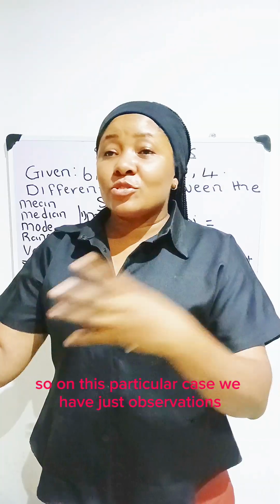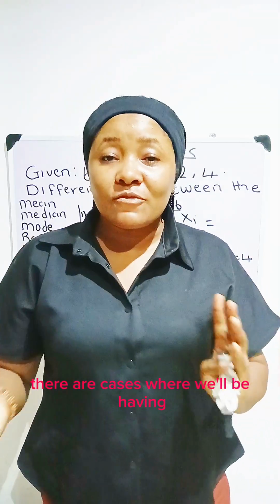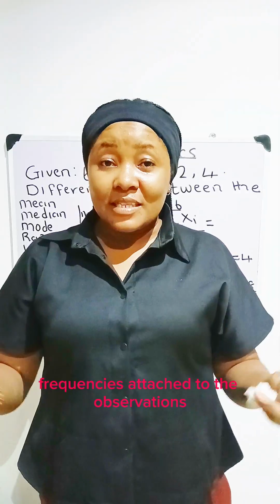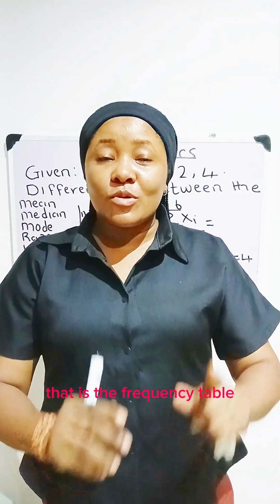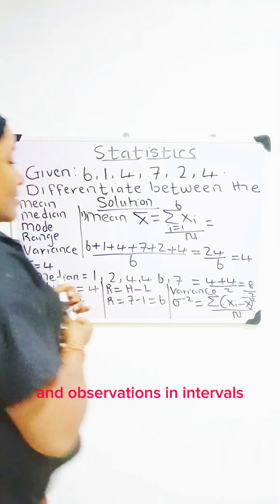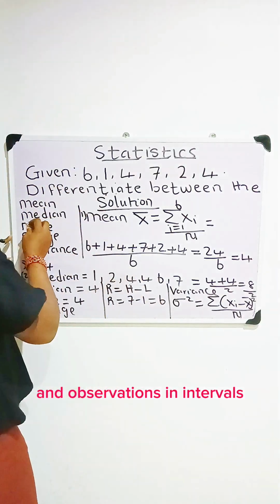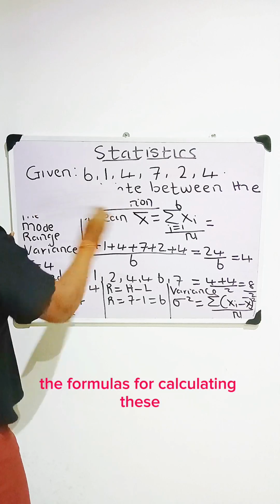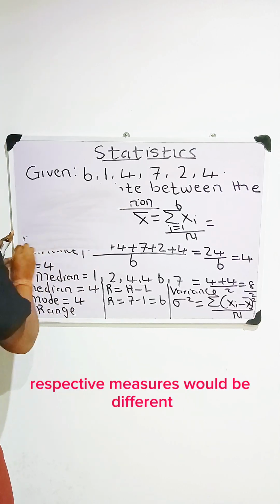Okay, so in each of these cases, the formulas for calculating these respective measures would be different. Like I said, I'm going to make a better video elaborating on each of these in my next class. So let's move ahead as we calculate the variance. So permit me to wipe this part of the board. Okay.